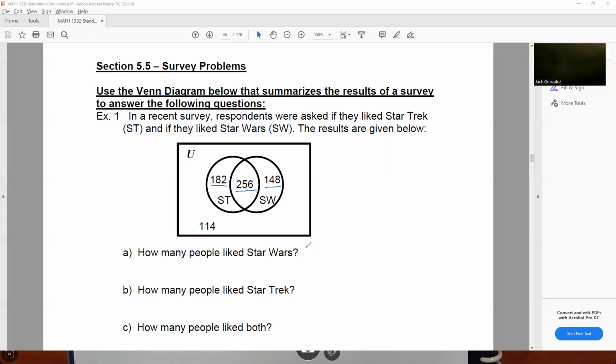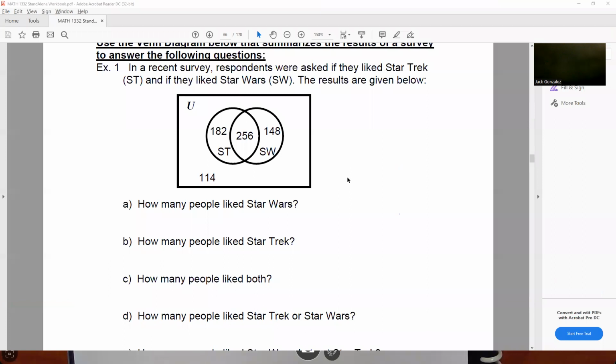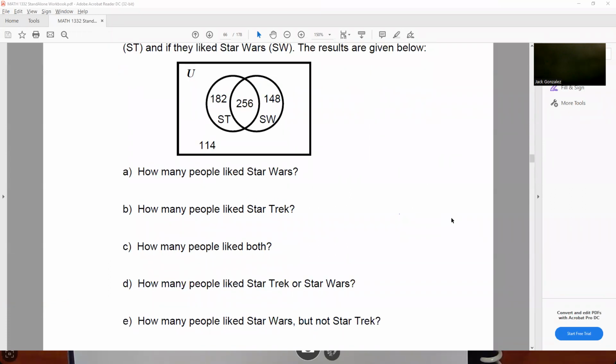So Part C, I think, is simply 148 plus the 256. Yeah, that's what I'm understanding.